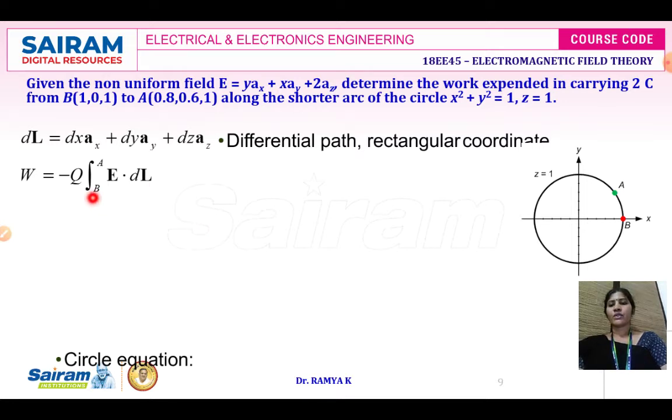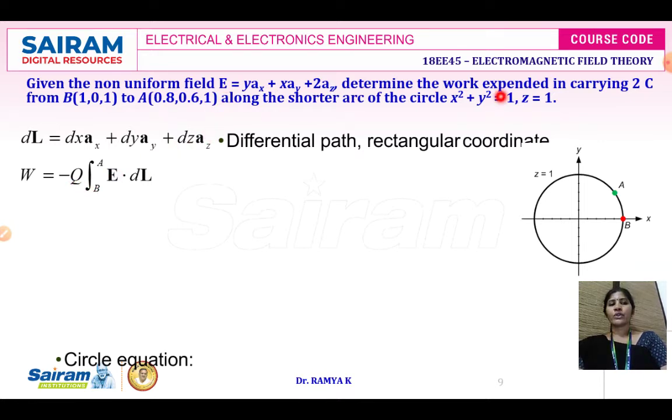Here the coordinate of B is (1, 0, 1) and A is (0.8, 0.6, 1). So the x limit is 1 to 0.8, the y limit is 0 to 0.6, and the z limit is 1 to 1.